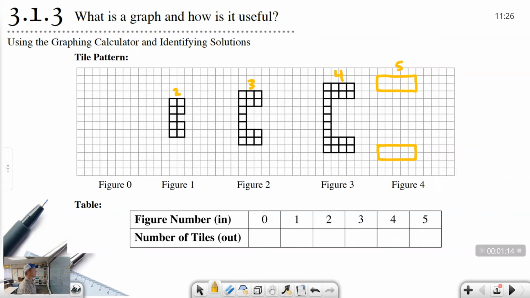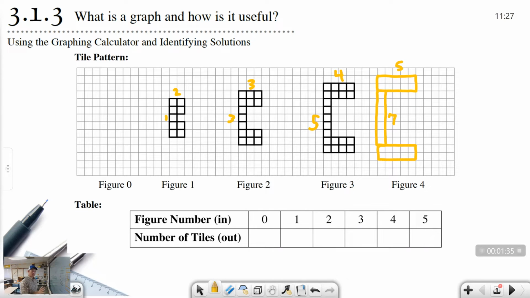When I'm doing a tile pattern, I'm looking at the overall pattern and trying to figure out how it's growing. Then I notice that it has 1, 3, 5, so I know in my next tile pattern it's going to have 7.